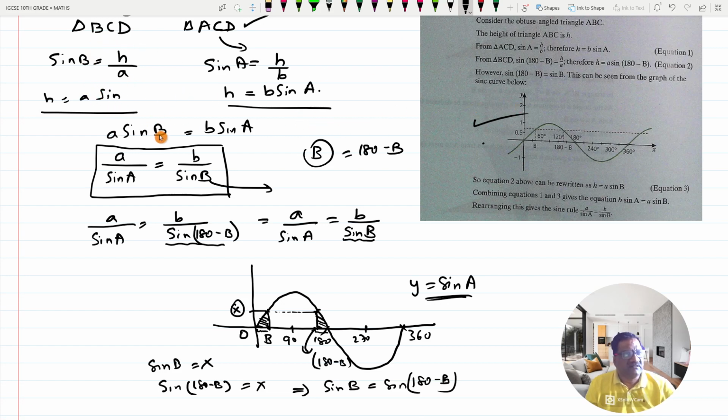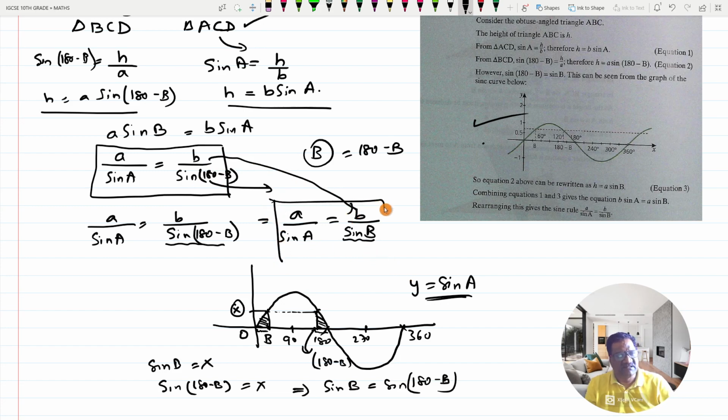Yeah, this has to be 180 minus B. Okay, sine of 180 minus B. Okay, now because sine of 180 minus B and sine of B are the same, this sine of 180 minus B over here I have replaced with sine B. Okay, and that is how you get this sine rule, which is the same as applied to the acute scalene triangle.